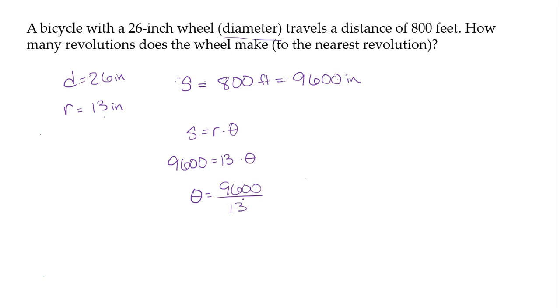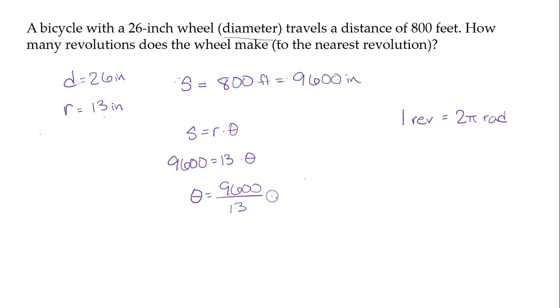Now, it asks how many revolutions does the wheel make? For revolutions, in one revolution, there is 2 pi radians, okay? This right here, the 9600 over 13, that is a radian measurement.